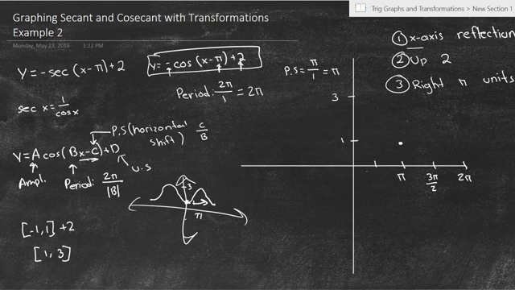I'll go back a little bit: pi over 2, 0, negative pi over 2, negative pi, negative 3 pi over 2, and negative 2 pi. Okay, so we're starting at the bottom and we know we're going up, so let's draw this midline. The midline's always halfway between the maximum and the minimum. So the midline in this case is 2. That just helps us draw our points.